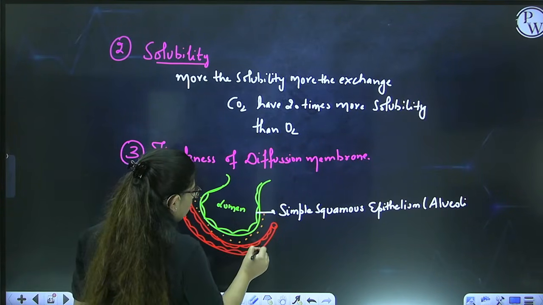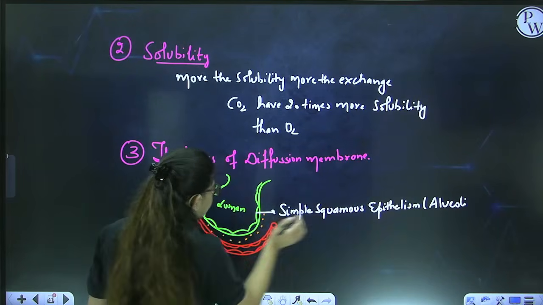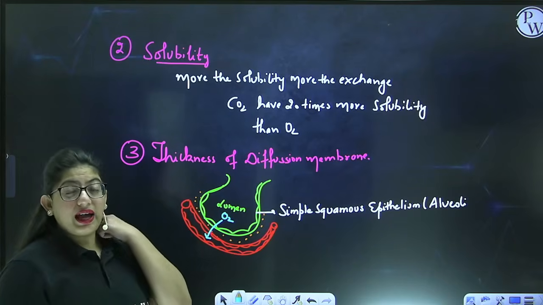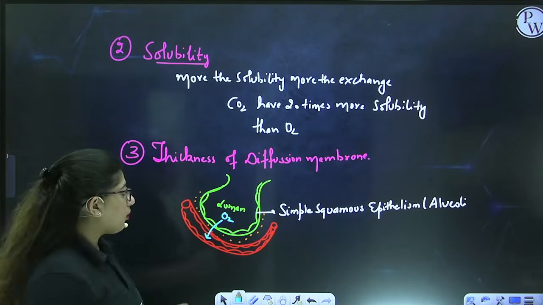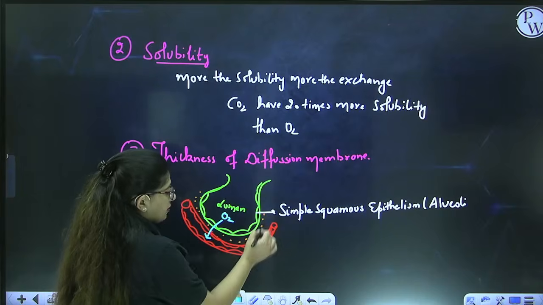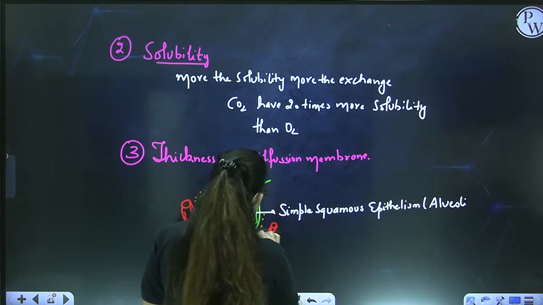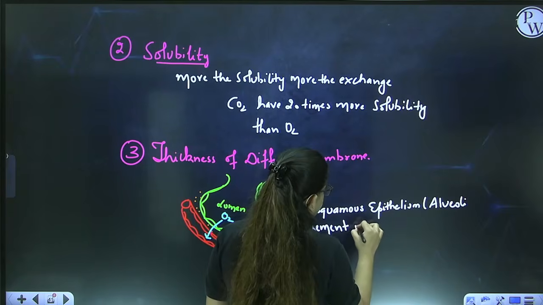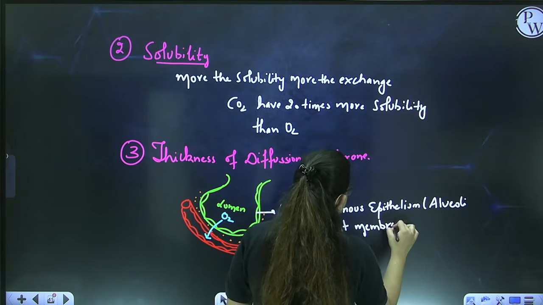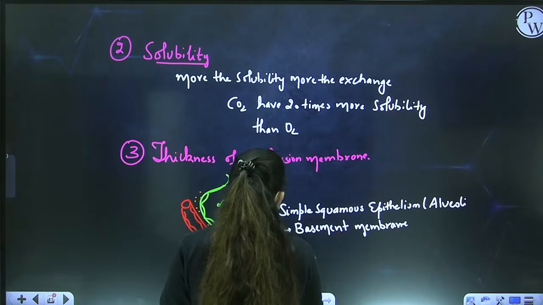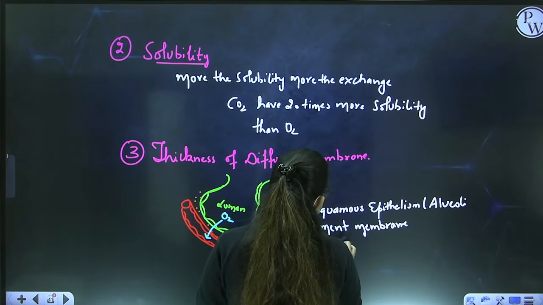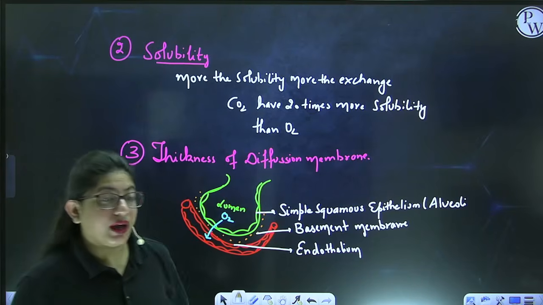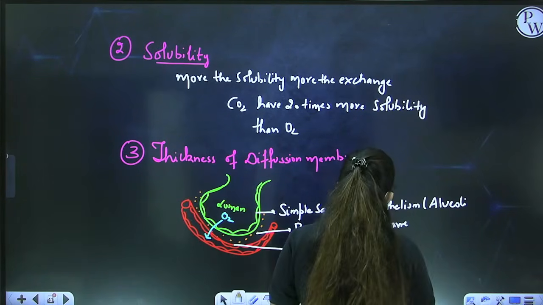So whenever oxygen has to enter from the alveoli lumen to the blood vessel, it has to diffuse through these three membranes. What are these membranes? The first is the simple squamous epithelium, the second is the basement membrane, and the third is the endothelium. What is this endothelium? Endothelium is the simple squamous epithelium of the blood vessel.